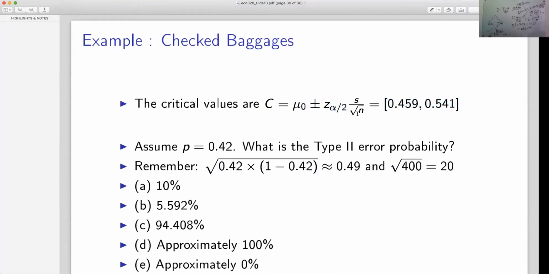As the sample size increases from 100 to 400, the denominator increases, so this whole term will decrease. So given the same alpha level, the critical value will decrease. It was much wider, but now it's much narrower.